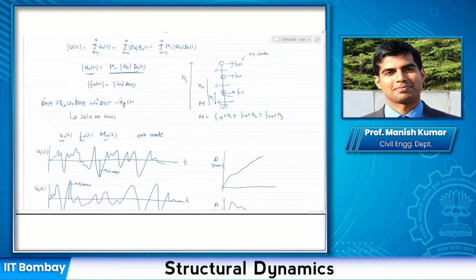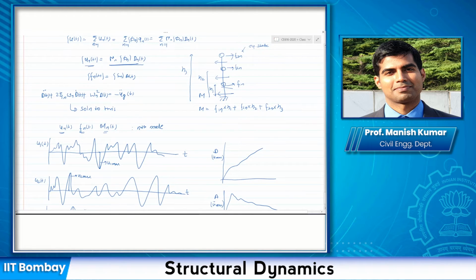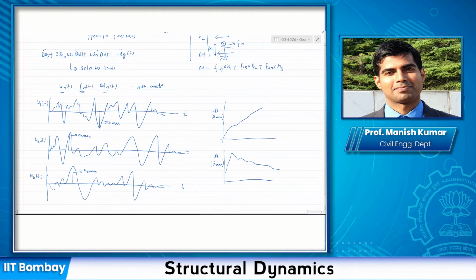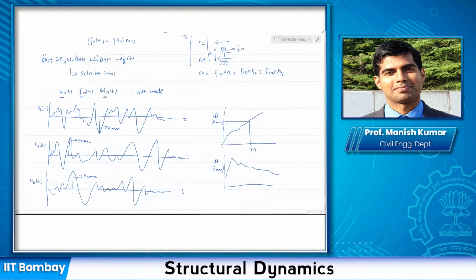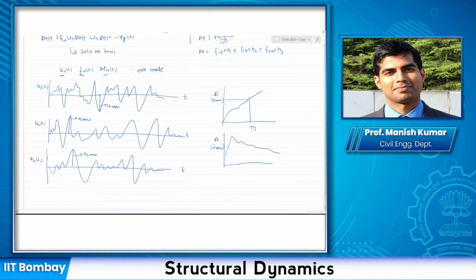Because I'm only interested in the peak response. I only need to know the Tn value. If I know the Tn value, I can come here and find out the Dmax. I do not actually numerically solve this. And the response spectra are already given. For each ground motion, people have prepared response spectra and those are given.